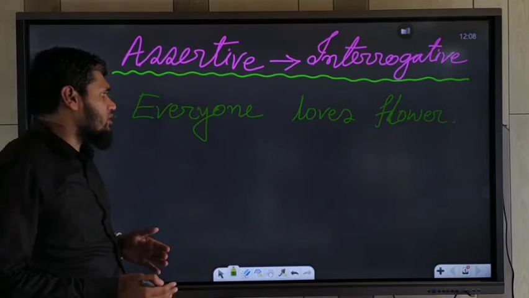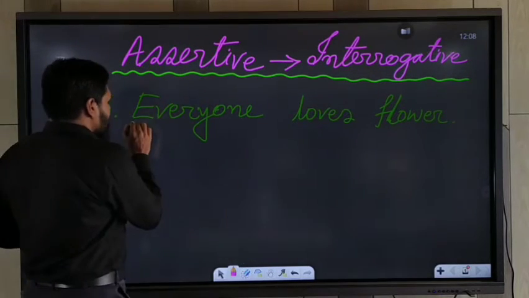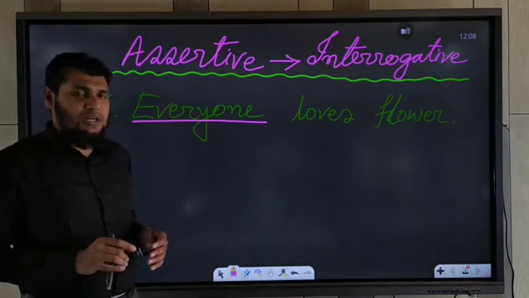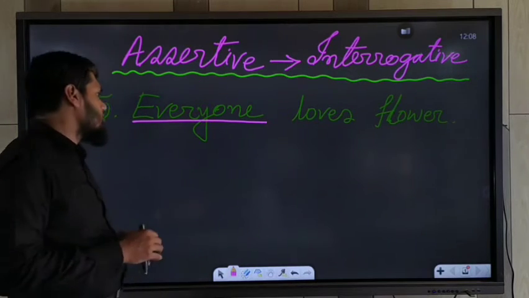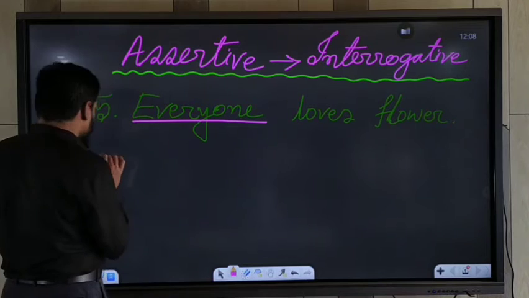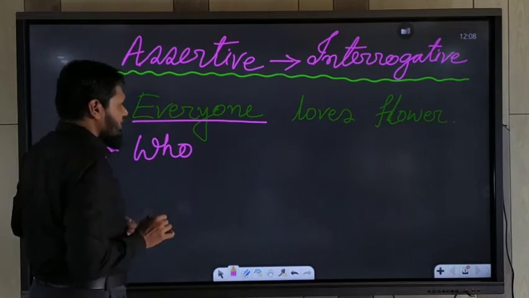সবাই ফুল পছন্দ করে. So the subject is everyone. If there is a subject like everyone, every, somebody, nobody, etc., you should use who instead of every.